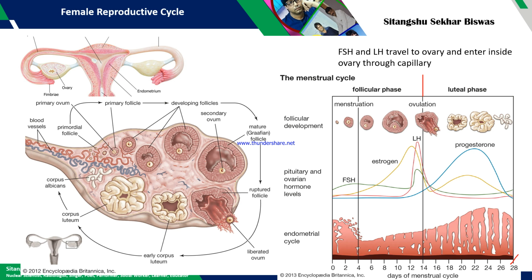Okay. And at the beginning of the luteal phase, this matured follicle will get ruptured and the ovum will be released. And that ovum will travel and finally come to your uterus. Okay.